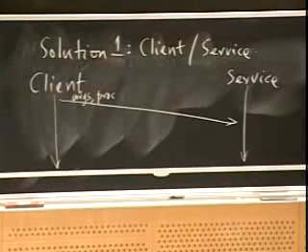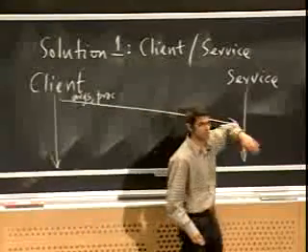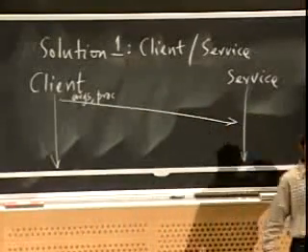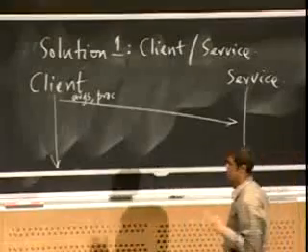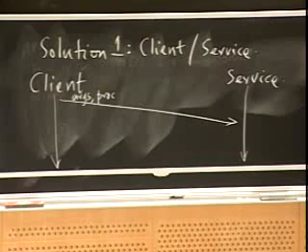The assumption is that the client somehow already knows the name or the location of the service. That's outside of the scope of the current discussion. Let's pretend somebody tells you that here's where the service is running that can run this function for you.